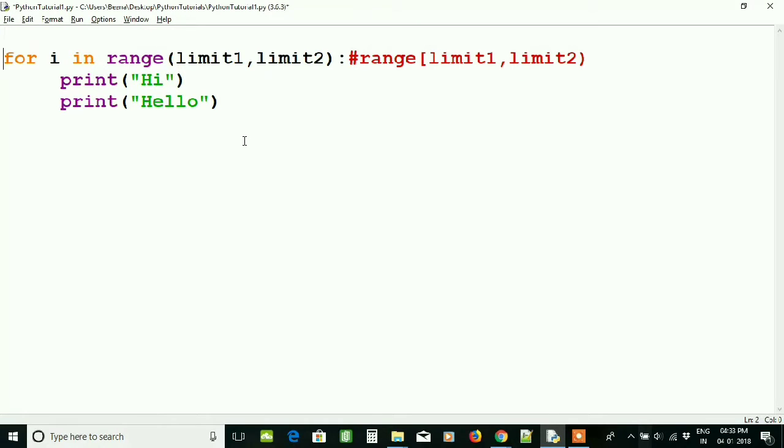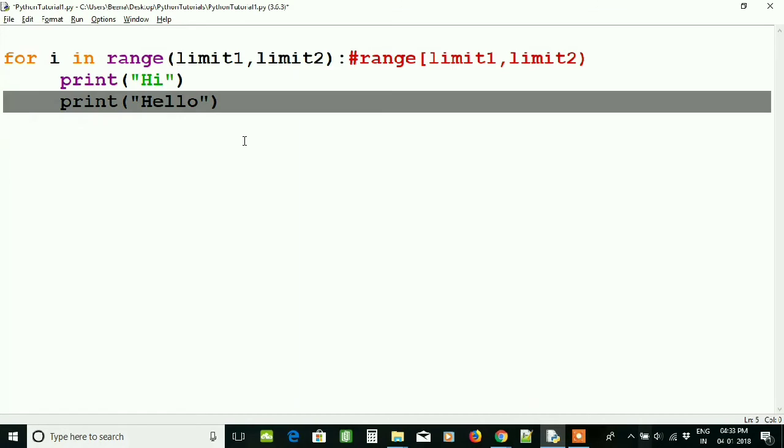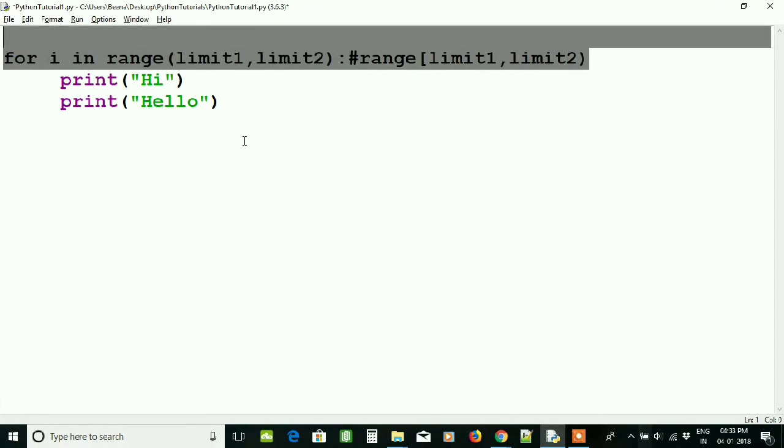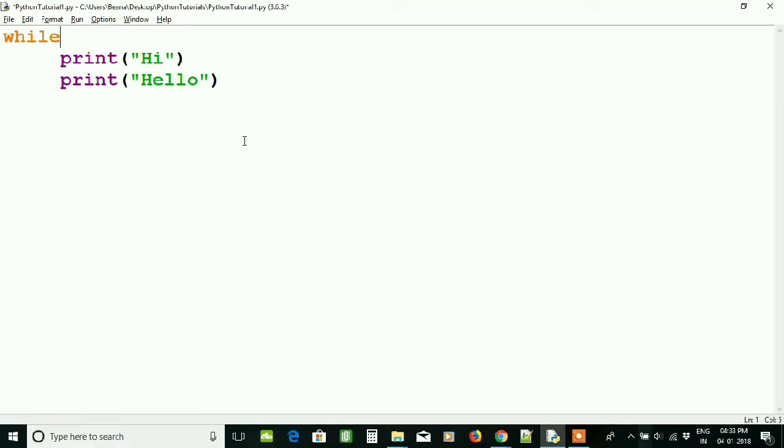Now what if we are told to write a while loop? Same code we can just modify slightly. While counter is less than 5. Make sure to write this colon.